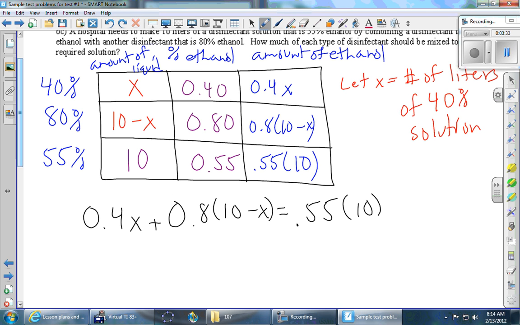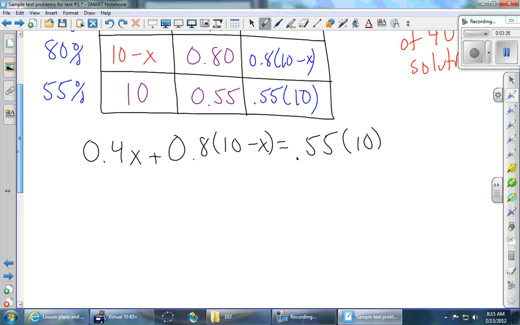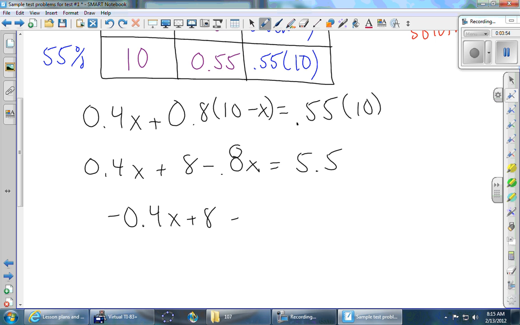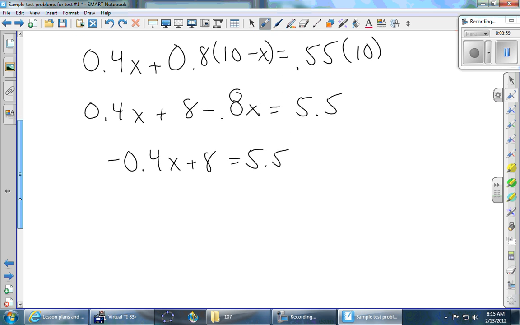Okay, so now we will solve the equation. So we'll go ahead and distribute the 0.8. And then 0.55 times 10 is 5.5. We'll combine the x's over here, negative 0.4x plus 8. Subtract 8 from both sides.